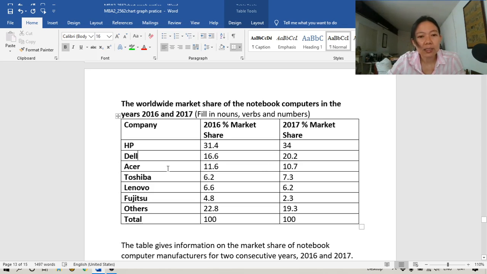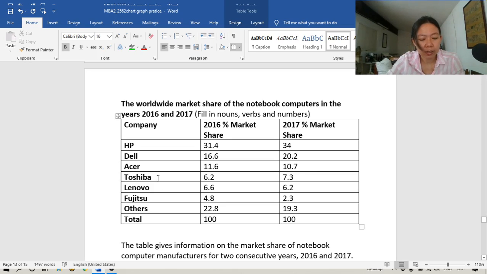In contrast, Acer's share of the market dropped from 11.6% to 10.7%. Next, the other companies have a much smaller share of the market.